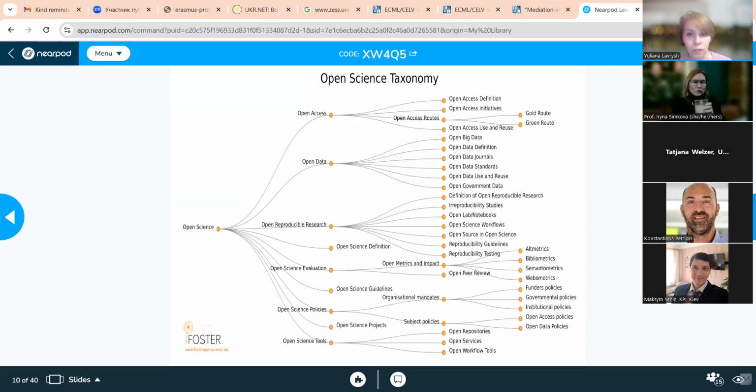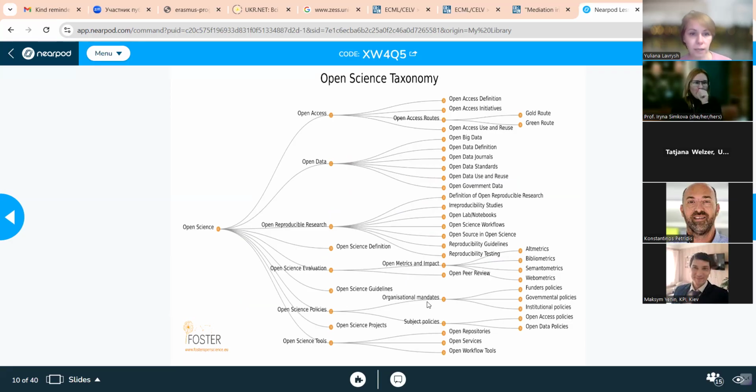For example, you can find here such things as the gold route and green route of open access. Interesting, yeah? We will discuss what it means. Or, for example, webometrics, or ORCID, or institutional policies, governmental policies, organizational mandates. All these are parts of open science.